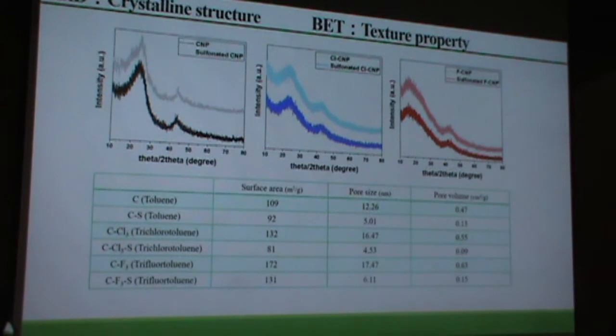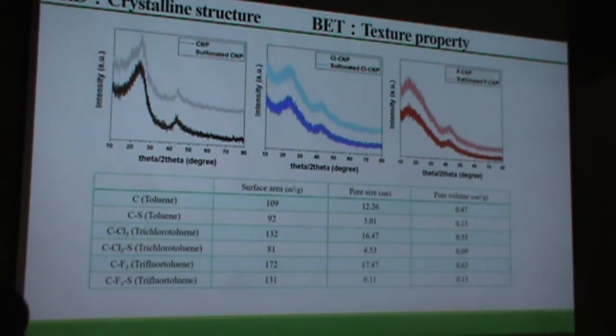From the XRD and the BET, we get the crystalline structure and the texture properties of this carbon. From the XRD, we can see that it shows a combination of graphite-like and amorphous carbon, because we use a tungsten and graphite electrode.